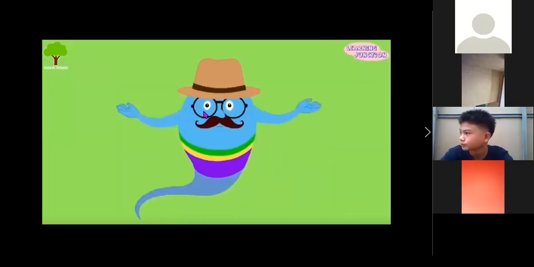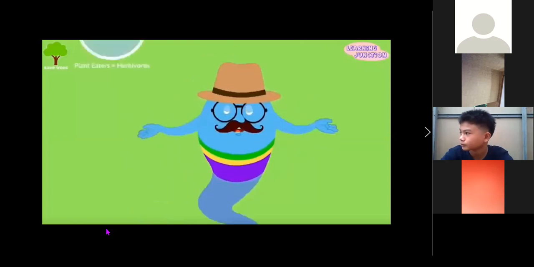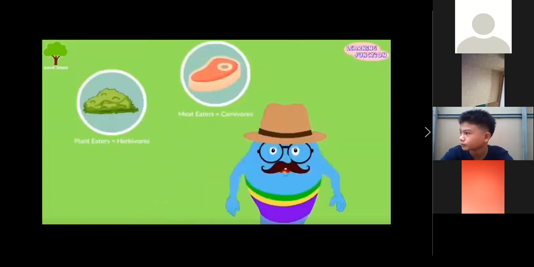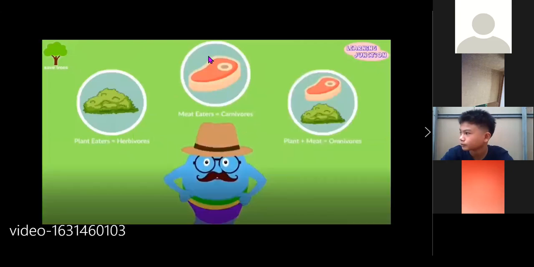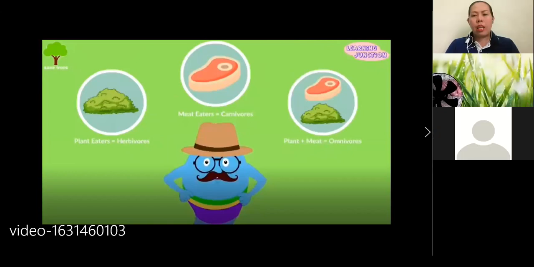So the classification is the plant eaters, or what we call the herbivores, and the meat eaters, they are called carnivores, and we have the plant and meat eaters, they are called omnivores.